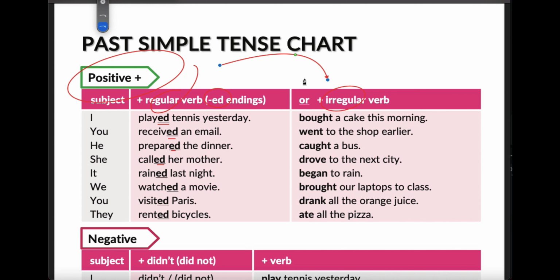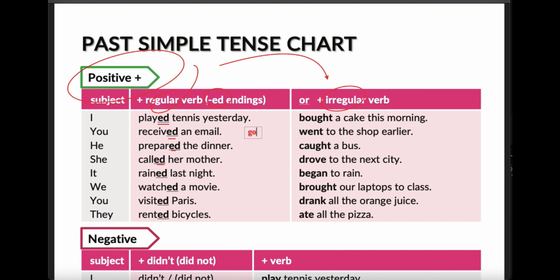For example, let's go with a very common one. If I want to say in present, I go to school every day. That's not true, but we're going to accept that. I go to school every day, right? Simple present.